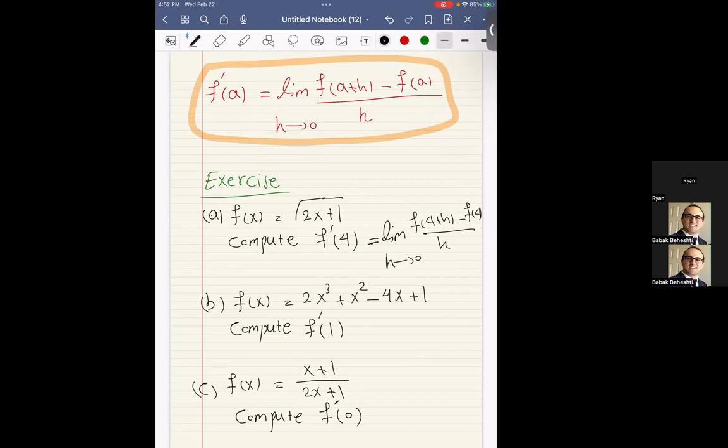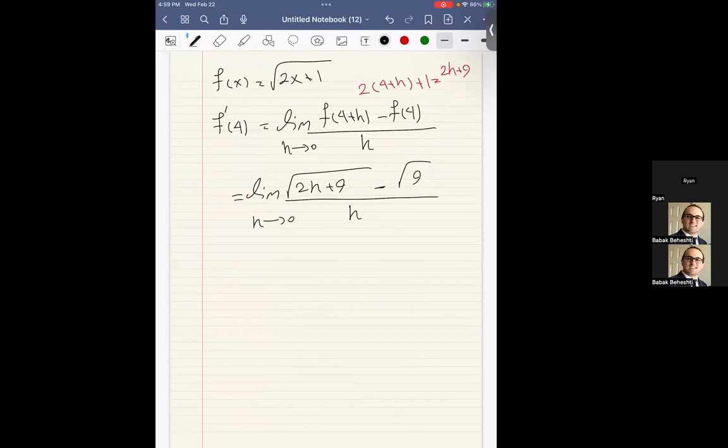Now you have to plug in the number into the function. I pause for a little bit now. First of all, this limit is indeterminate and of the form 0/0, right? When h goes to 0, the denominator is obviously 0, but the numerator is also 0.